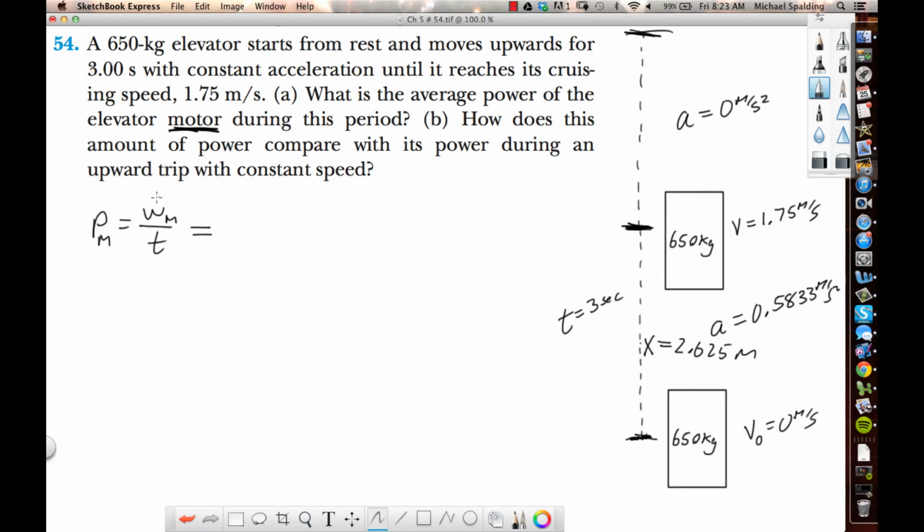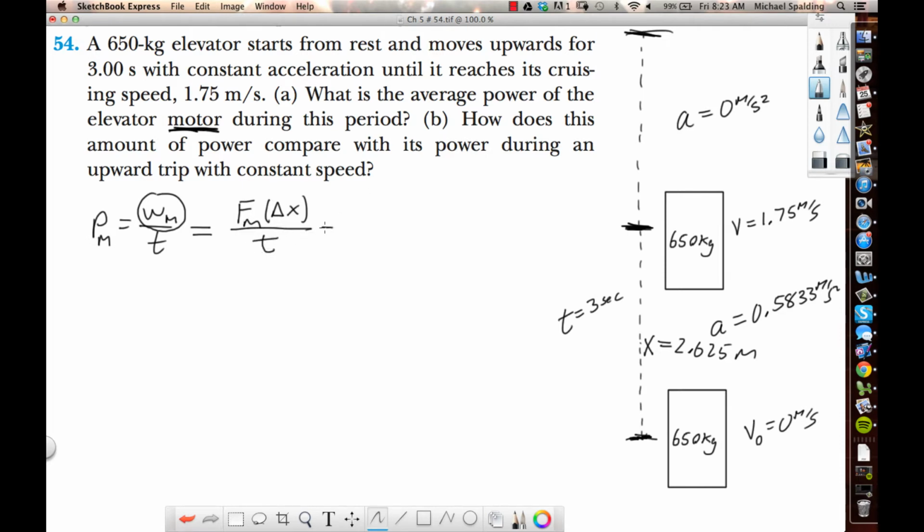Okay? Well, what's the basic work equation? Work is what? Force times displacement. What force is that going to be? If we're looking for the work of the motor, then this needs to be what? Force of the motor. You guys are so quiet.